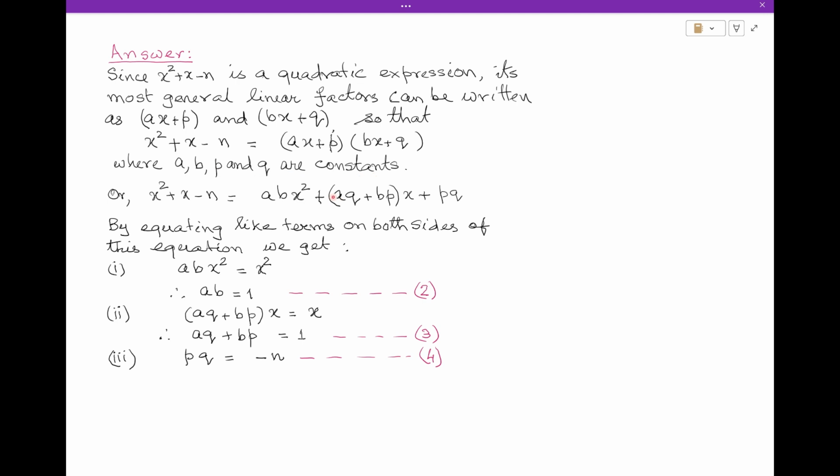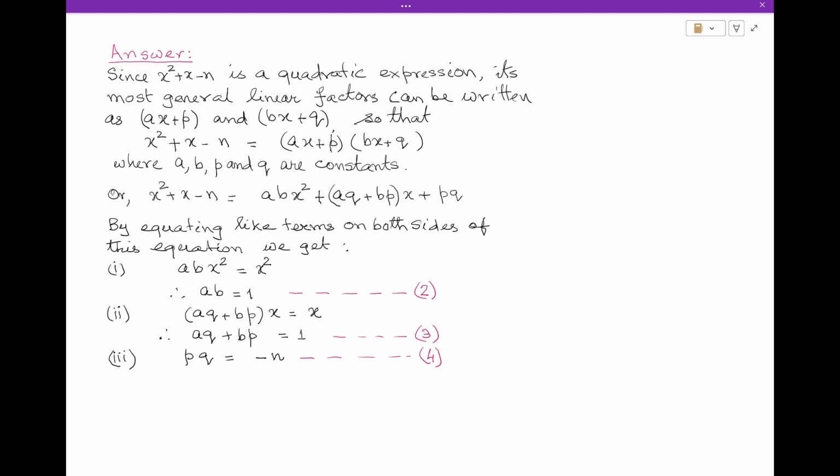Or if you multiply ax plus p with bx plus q, we get x square plus x minus n is equal to abx square plus (aq plus bp) multiplied by x plus pq.